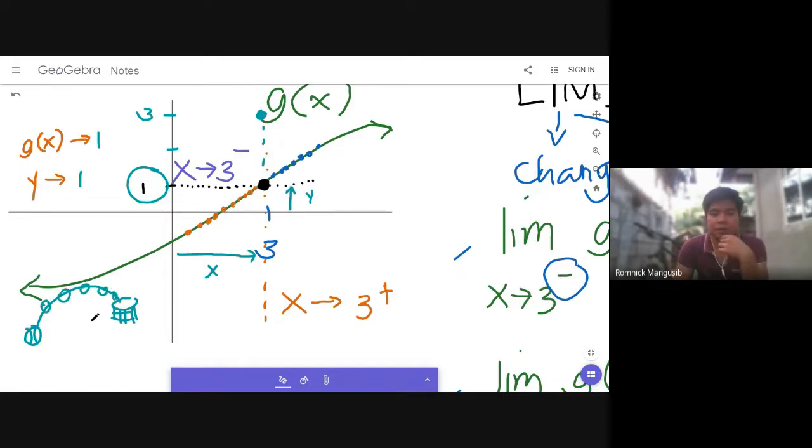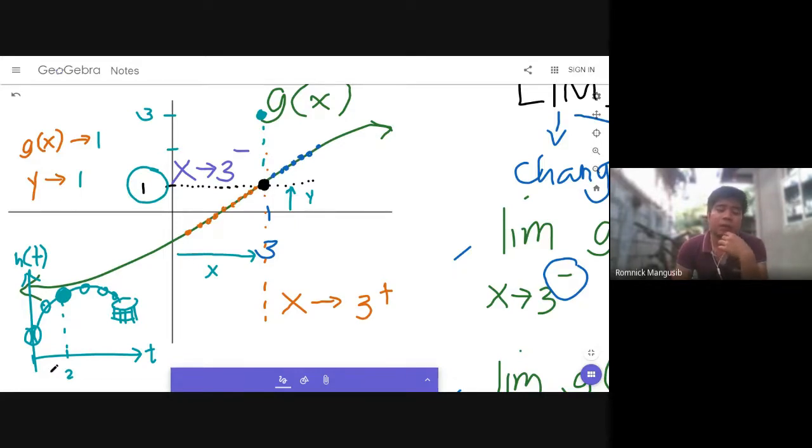Hindi ba't nagbabago ang kanyang height because you are changing time? So if this is time and this is for your height, very gen math ito pero calculus way din ito. H of t, then t is time. Changes of height with respect to t or time, then what happens? Where is that ball after 2 seconds kunwari? Then the ball is here. Isn't it? Ganun din ang sinasabi ng limit, class.